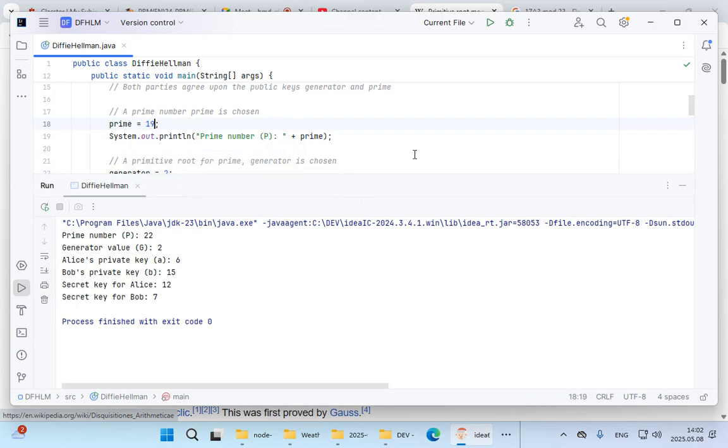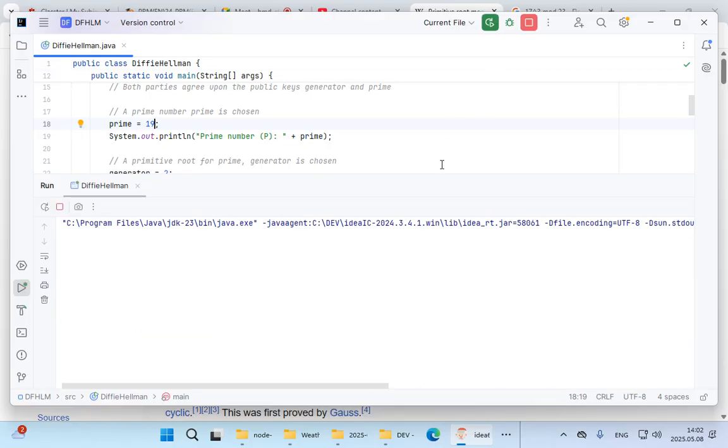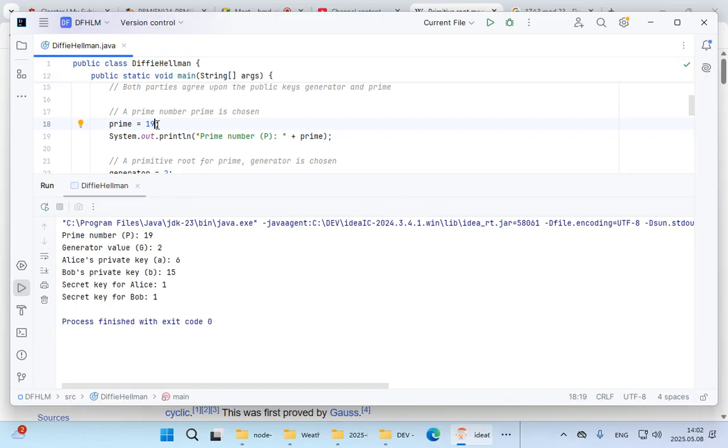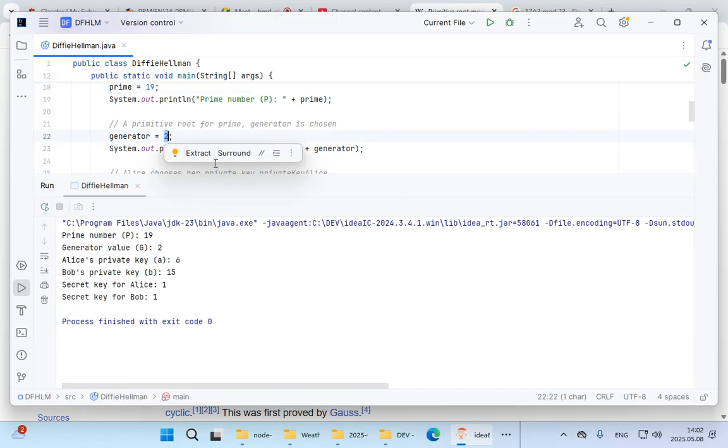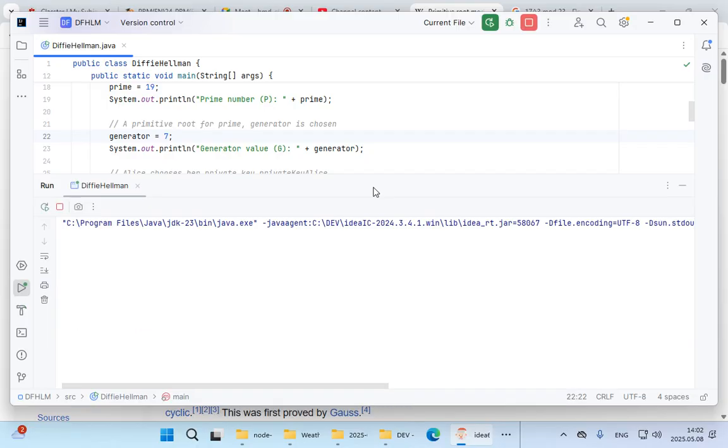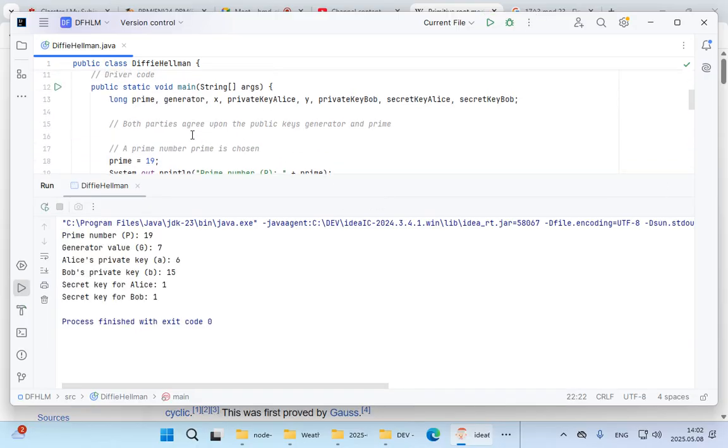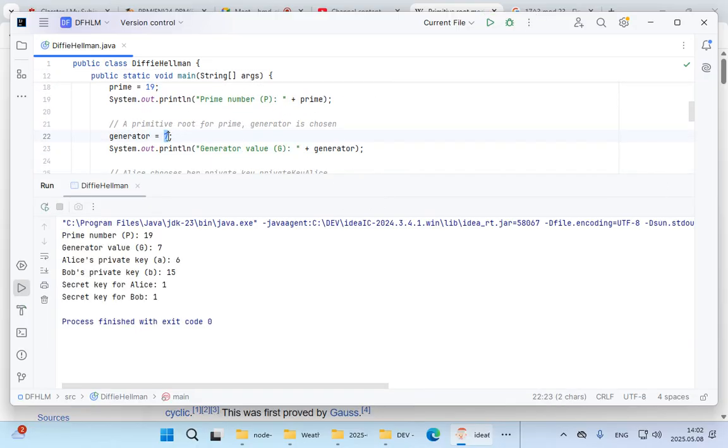Also, for example, make 19. It's still okay. But if you make, for example, here 7, it's still okay. If you make here 5, still okay.